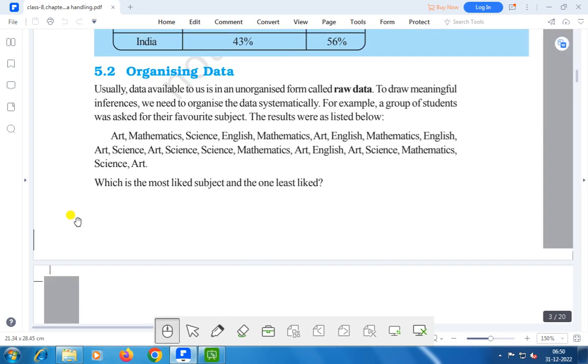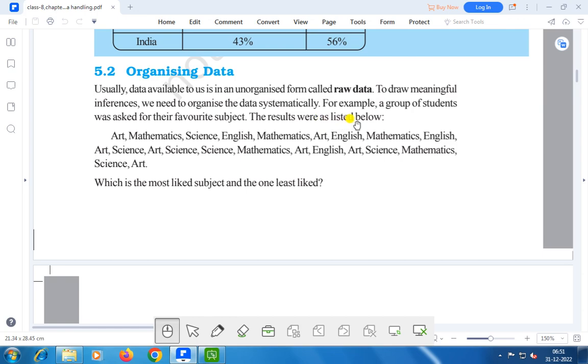Organizing data. Usually, data available to us is in an unorganized form called raw data. To draw meaningful inferences, we need to organize the data systematically. For example, a group of students was asked for their favorite subject.